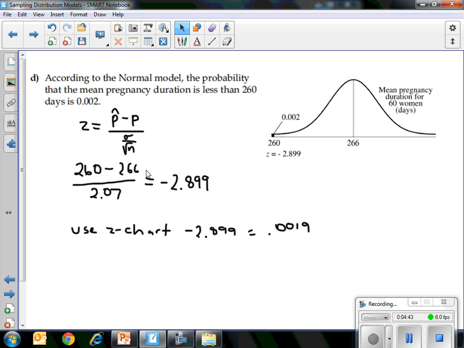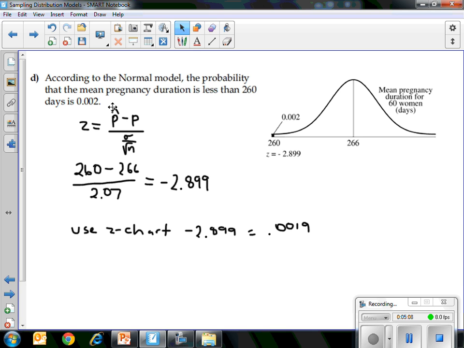So 260 minus 266 divided by 2.07, again, this is going to give us a negative number, negative 2.899. So now this again is that number for our z-chart. We looked that up using our z-chart, and negative 2.899 in our z-chart gives us a number of 0.0019.